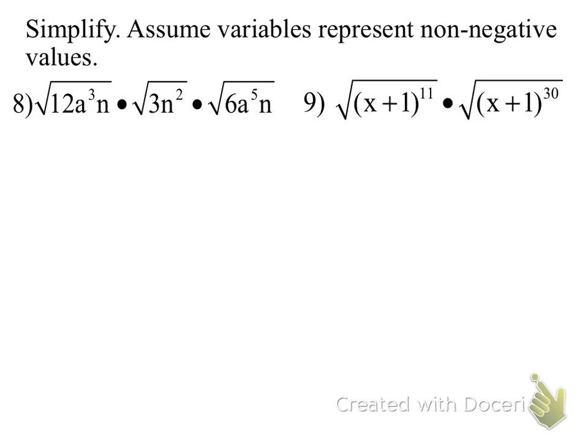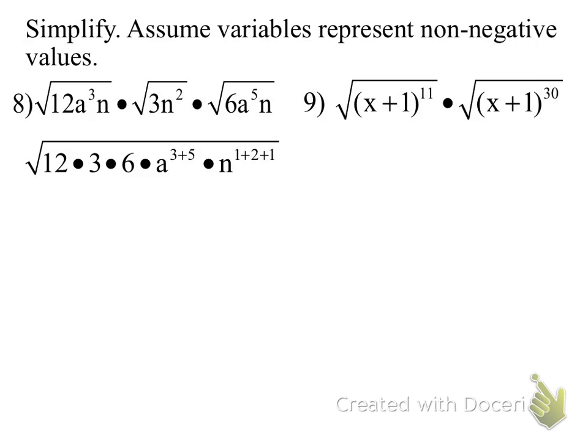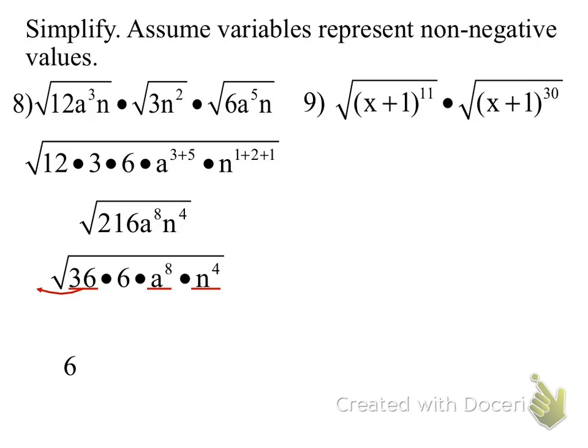All right, let's go on to number 9, where you have a binomial. What is this going to simplify to? The first thing you do is break the first radical into x, the quantity of x plus 1. Not yet. All right, we'll multiply first. You get radical x plus 1 to the 41st. Perfect.